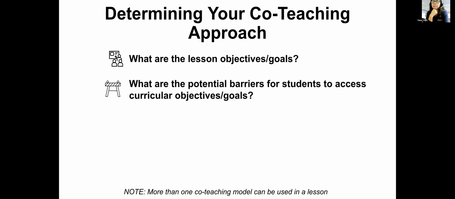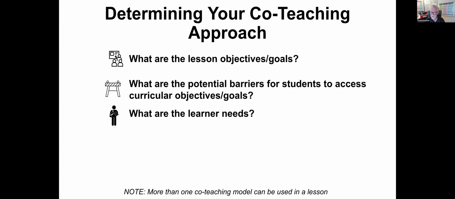And then are we thinking about any potential barriers for students to access curriculum, objectives, or goals? And what are the learner needs, right? Remember in the very beginning of this webinar, I talked about how you can anticipate variability, but we also want to understand what the learning needs of our students are.